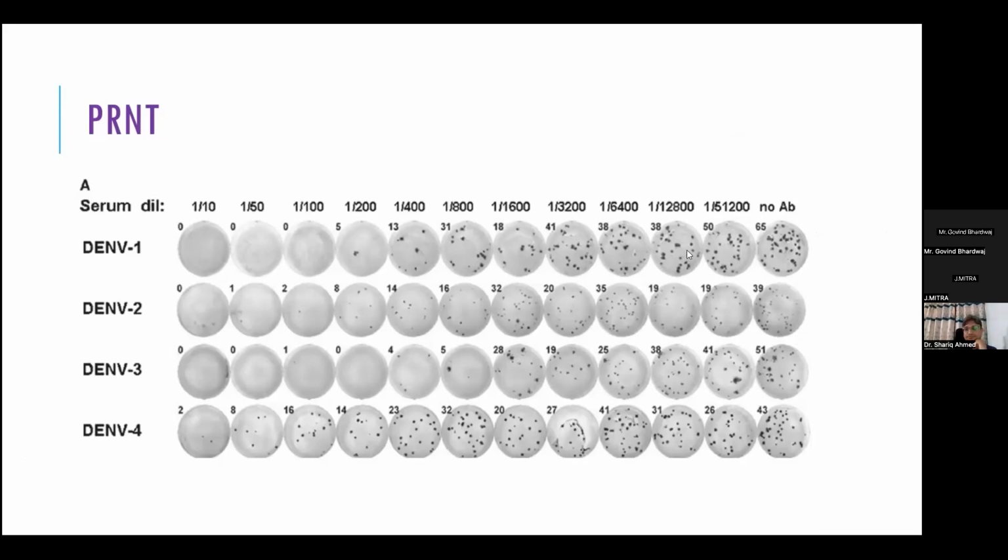So if there is neutralization of the virus by the antibody in the patient's sera, there will be no plaque formation. And when we dilute the sera, there will be plaque formation. By this, we can determine the cutoff value or the titer of the antibodies present in the patient serum and against which serotype.